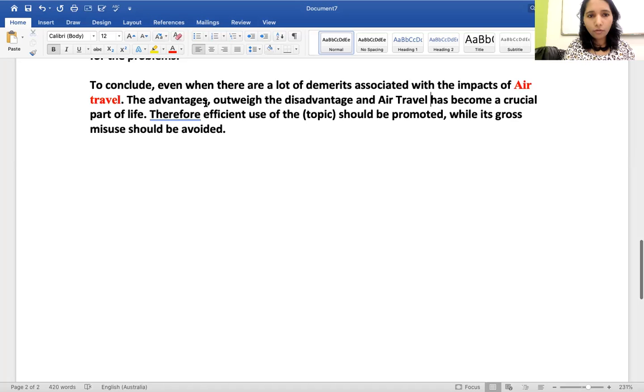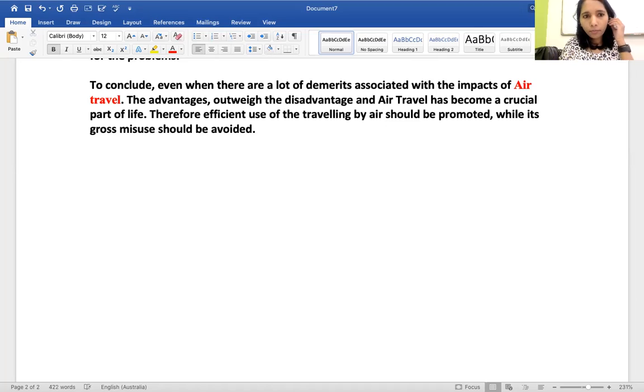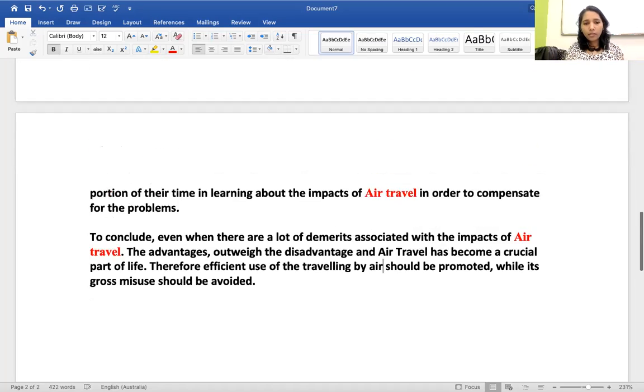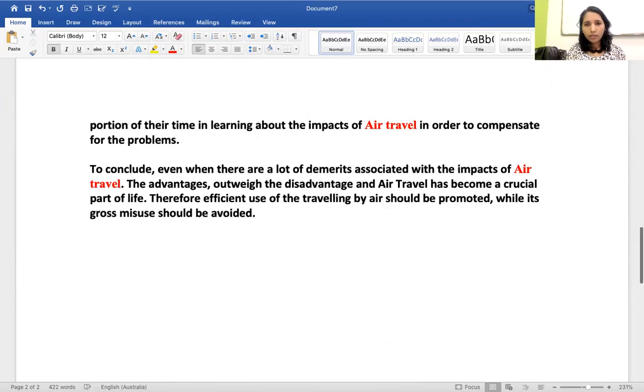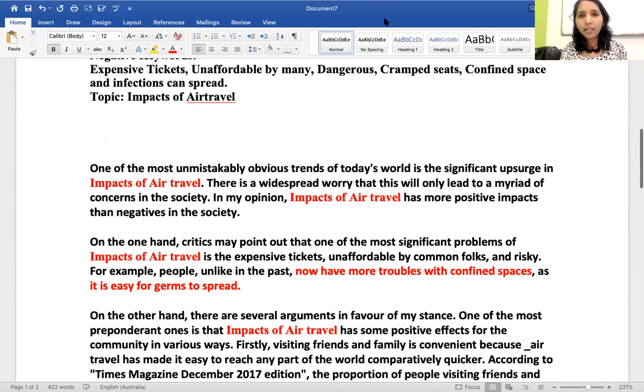Therefore, efficient use of air travel, or traveling by air, feel free to choose, should be promoted, while its gross misuse should be avoided. Okay, so this is how you use a template and you write an essay.